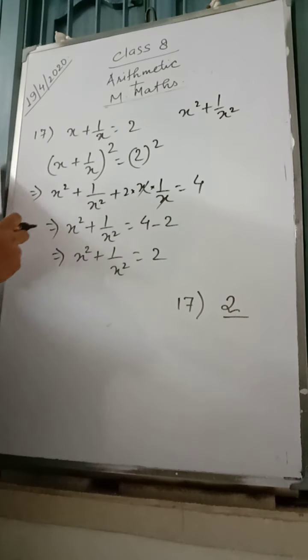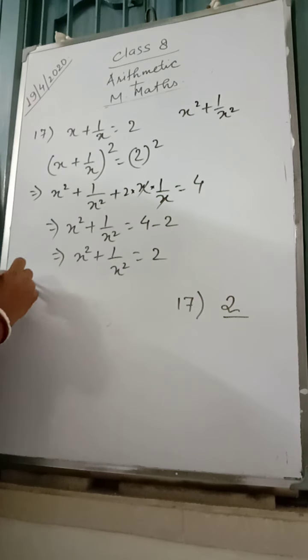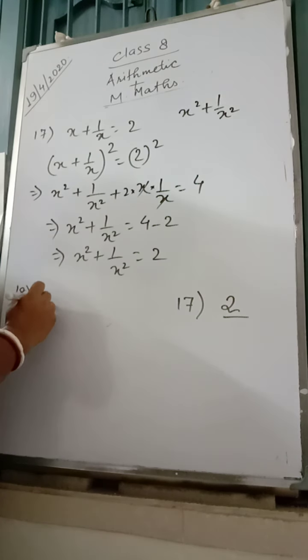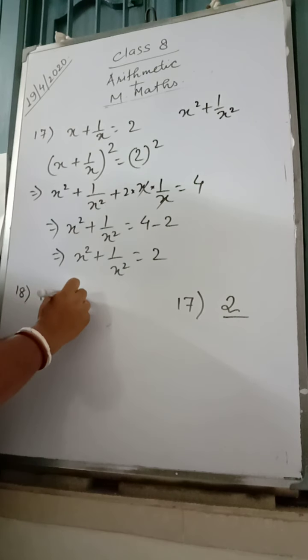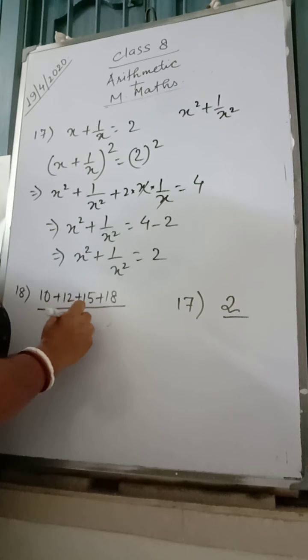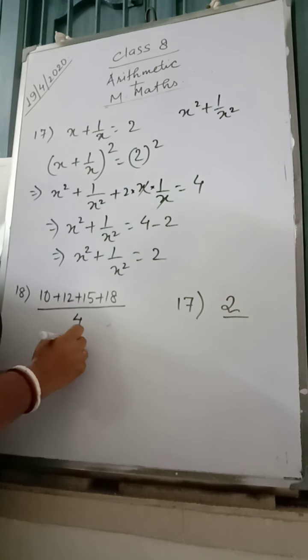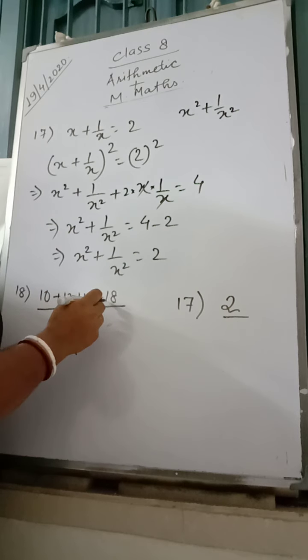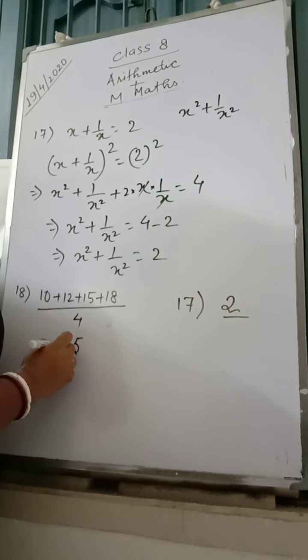The average of 10, 12, 15 and 18. When we add, for question number 18, the average is 10 plus 12 plus 15 plus 18 by 4. That is 55 by 4.